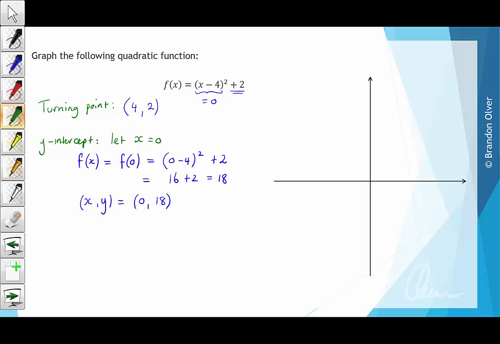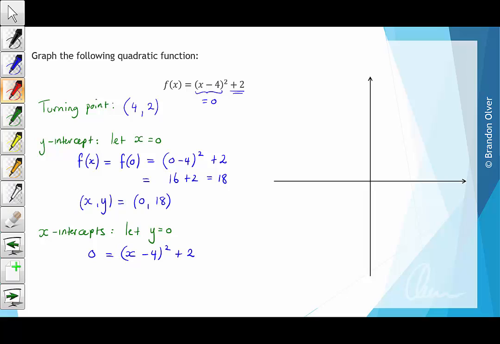Now the last thing we need to do when we're graphing a quadratic is to find the x-intercepts. So the x-intercepts can be found by letting y equals 0, or in this case f(x). So we're going to find that 0 is equal to (x - 4)² + 2.